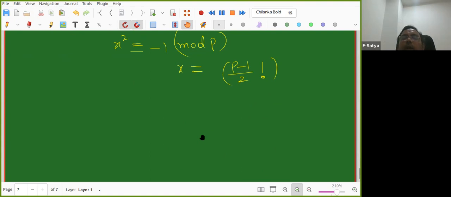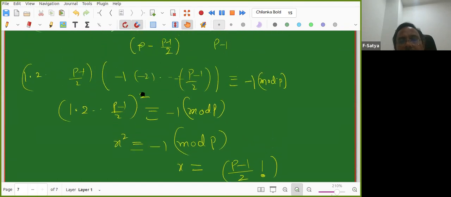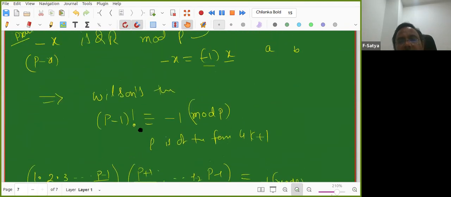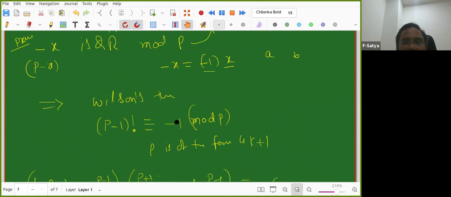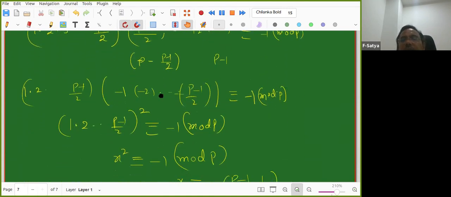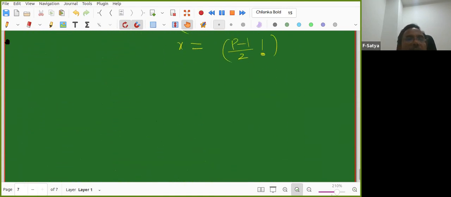Correct? And -1 is a quadratic residue when P is of the form 4k+1. Otherwise, it is not a quadratic residue. These are the things we just now completed.